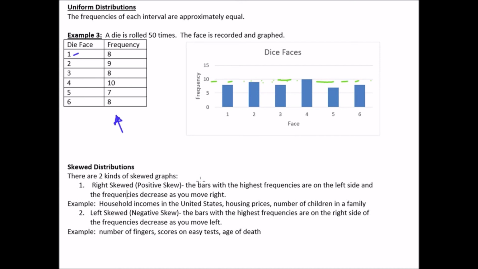And there are two kinds of skewed graphs. There's right skewed, which is a positive skew, when the bars with the highest frequency are on the left, and the frequencies decrease as you move right. An example of that is household incomes in the United States. If you think about it, household incomes are all going to be clustered.